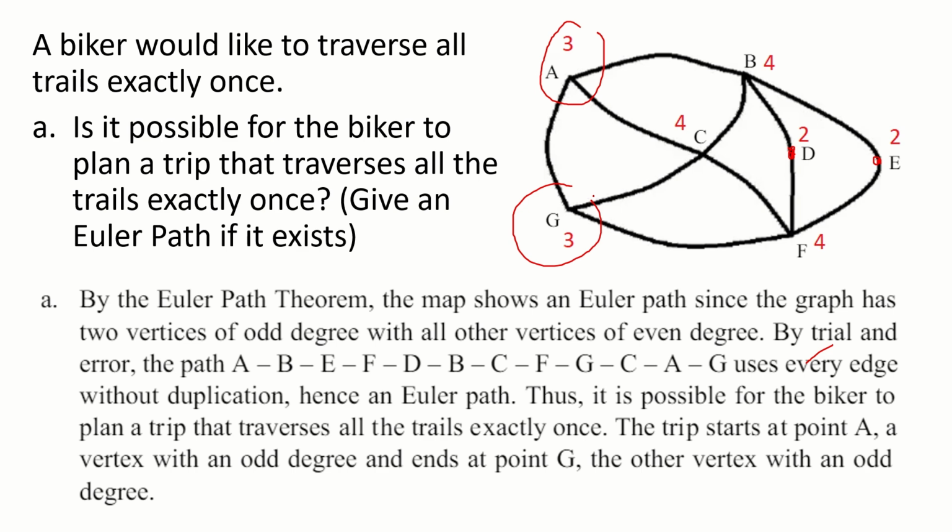So by the Euler path theorem, we can say that it is possible for the biker to plan a trip that traverses all the trails exactly once. Okay, so because it has an Euler path, the answer is yes, it is possible. Okay, and by trial and error method, you can have this as your Euler path.